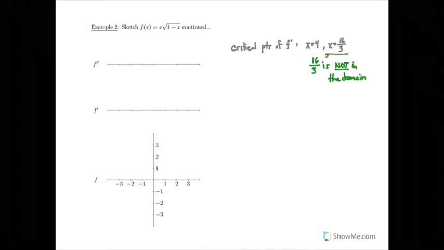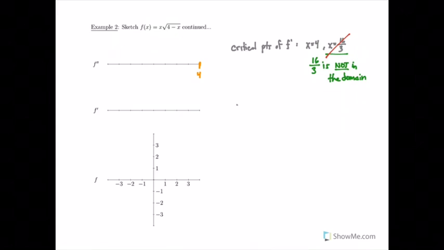So it is not a critical point. Even though we found it, we have to be careful of when it is actually in the domain. So our only critical point here is 4. I only care about one side of it because I don't care about the whole right side of the function.